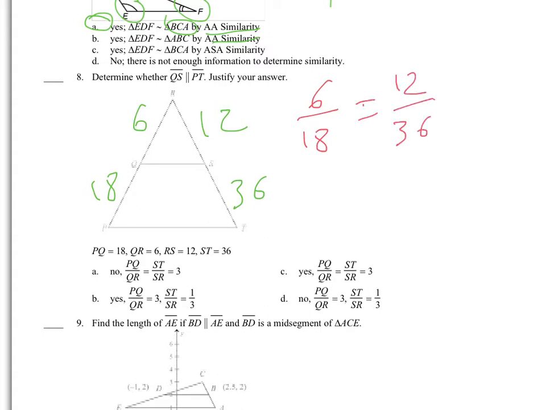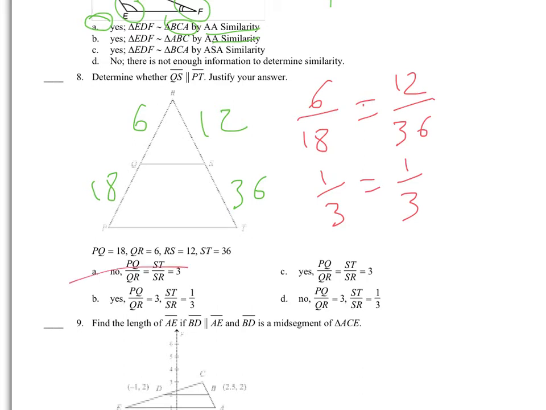If I cross multiply and get the same thing, then they are parallel. But look at 6 over 18. That's going to simplify to 1/3, isn't it? And 12 over 36 also simplifies to 1/3. They are the same. Therefore, the lines are parallel.